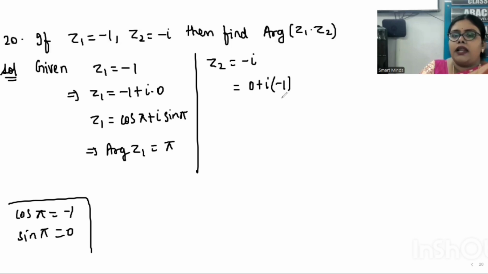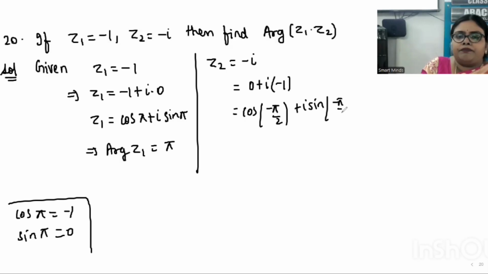Sin theta is 1 at 90 degrees, but it is minus 1 at minus 90 degrees. And even at minus 90 degrees, cos theta is 0. So we can write this as cos minus 90 plus i into sin minus 90. So that means argument of z2 is minus 90.